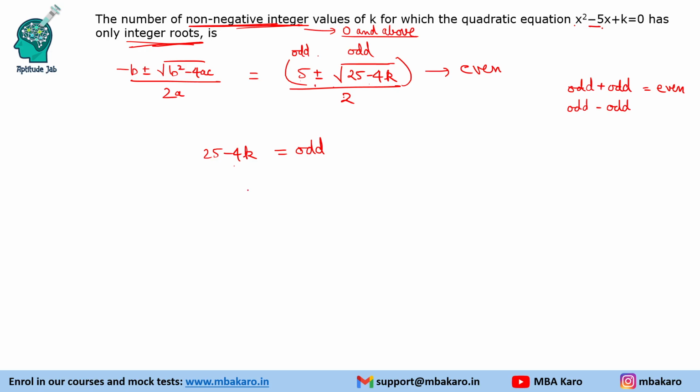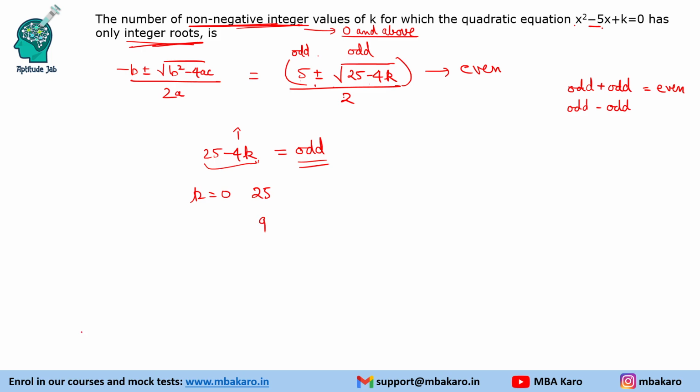So when we take k equal to 0, then 25 is a square number, right? So that works. Now no need to take all values. Let's see if this is an odd number. So we should look at square numbers which are less than 25, because if k increases, the number will decrease. And we need to look at odd numbers.